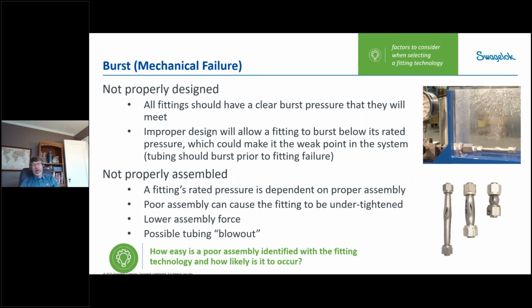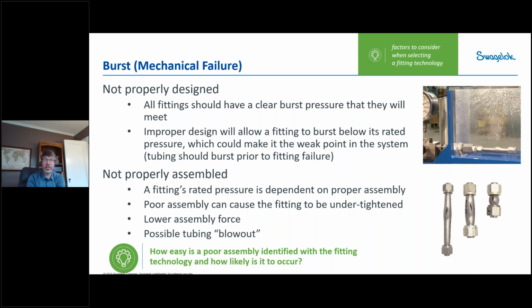Now, when we look at how a fitting fails with overpressurization, we always want the tubing to be the weak point of the system. For this presentation, we're going to assume that's the case. That really is more up to the fitting manufacturer, not the fitting technology. So we're going to assume that the fittings are all rated to withstand the burst pressure of the tubing that it's being attached to.